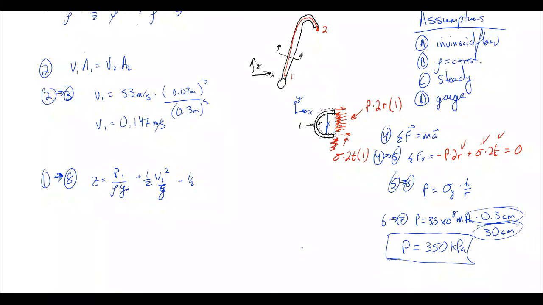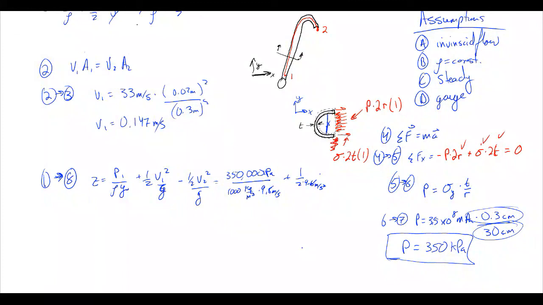350,000 pascals divided by 1,000 kilogram per meter cubed times 9.8 meters per second, plus 1 over 2 times 9.8 meters per second squared times 0.147 meters per second squared minus 33 meters per second squared.